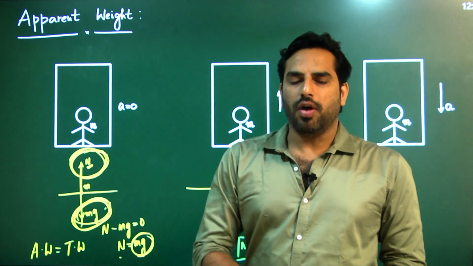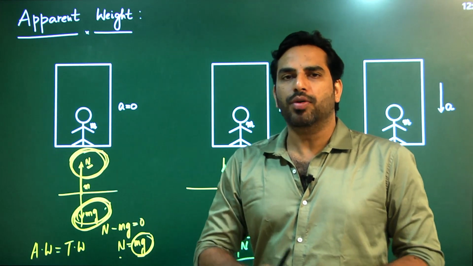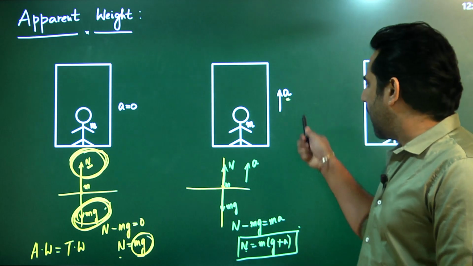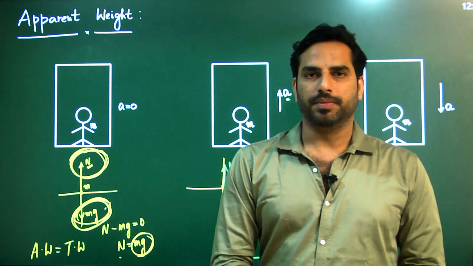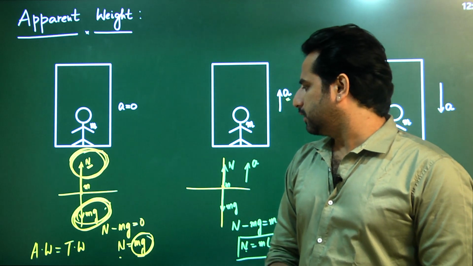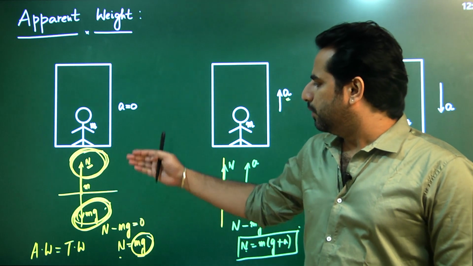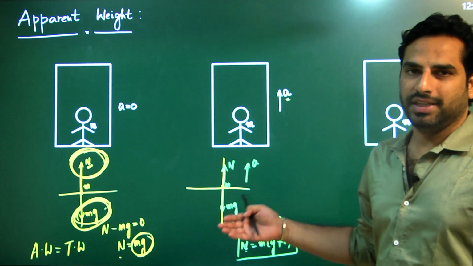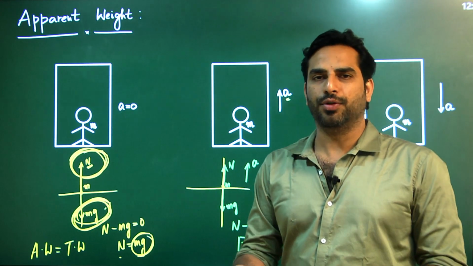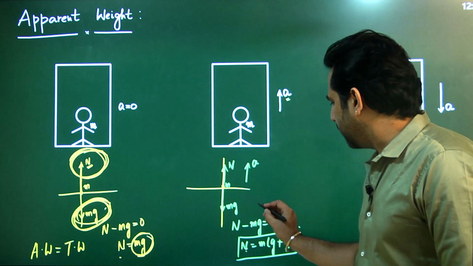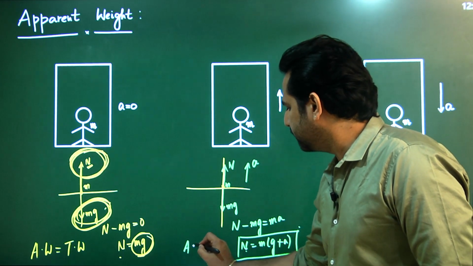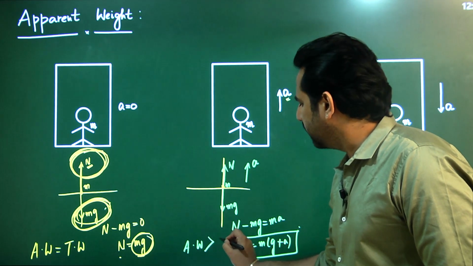The reading of the weighing machine now will be more than your true weight, because N is m into (g plus acceleration of the elevator). Suppose the reading of the weighing machine when you place it on the ground is 60 kg, now it will be more than 60 kg, for example 65 or 64, whatever it is. I can say that the apparent weight in this particular case is greater than the true weight.